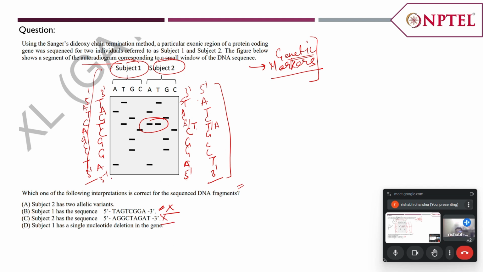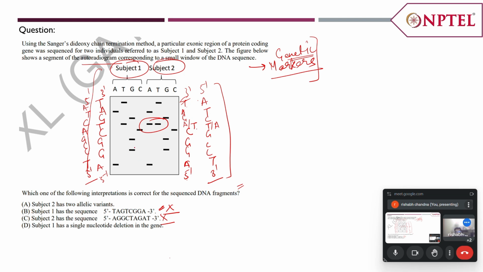Now come the two options, that is A and D. So as you can see, if there would be a base deletion at any of these positions, then the sequence would vary. Okay, and it would shift from one of the bases to the other.